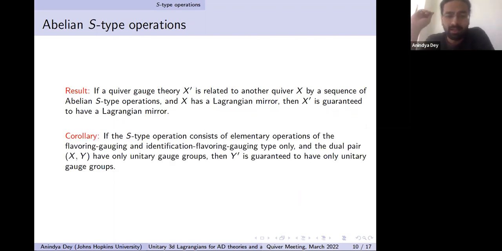Okay. And in addition, you can also say what the general properties of this mirror should be. It will only have unitary gauge groups because that's what you started with, and it will probably have matter in different representation, but it also will have a certain number of those abelian hypermultiplets that I just drew.